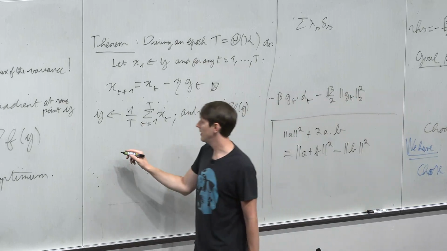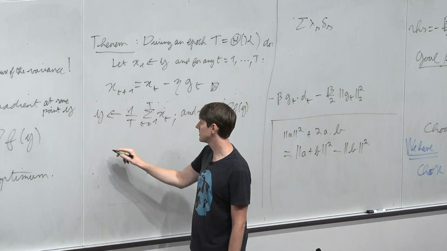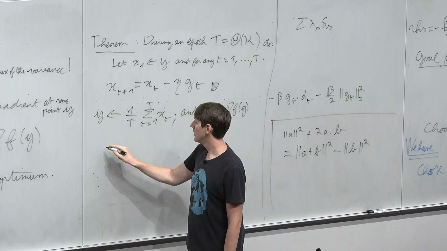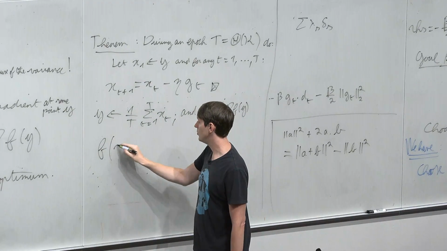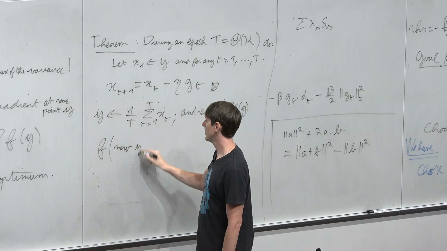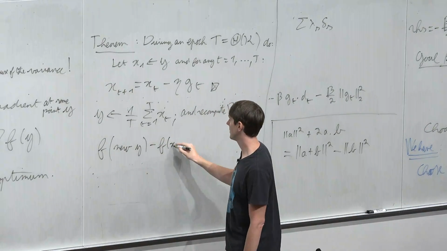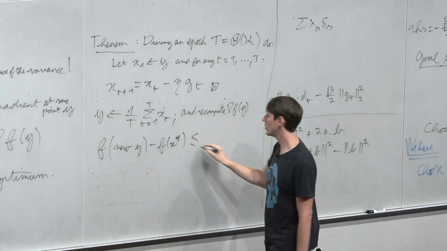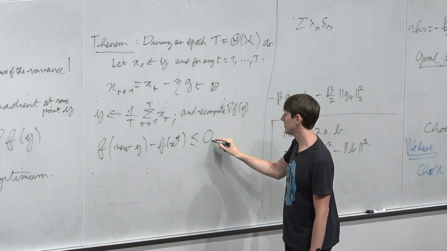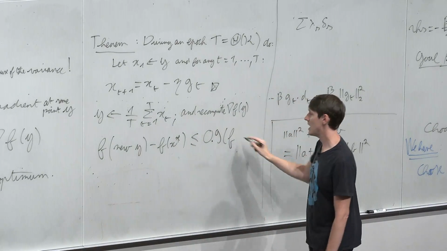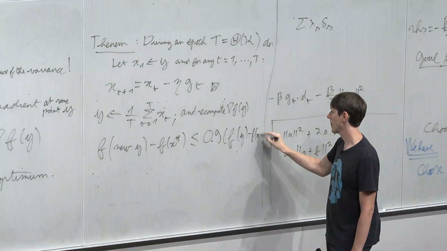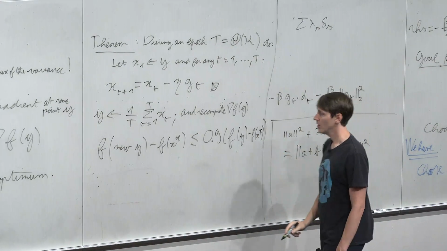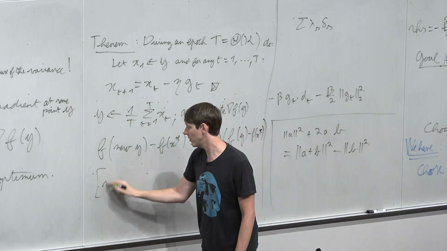Okay? And so the theorem is that f of new y minus f of x star is smaller than 0.9 times f of the old y minus f of x star. And this is with a large learning rate.